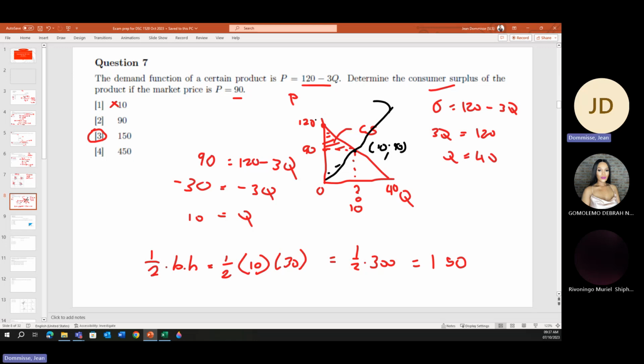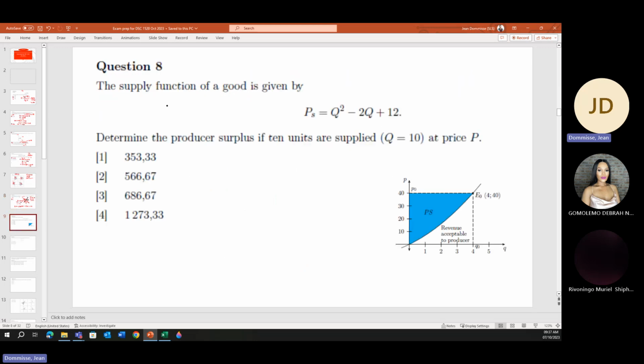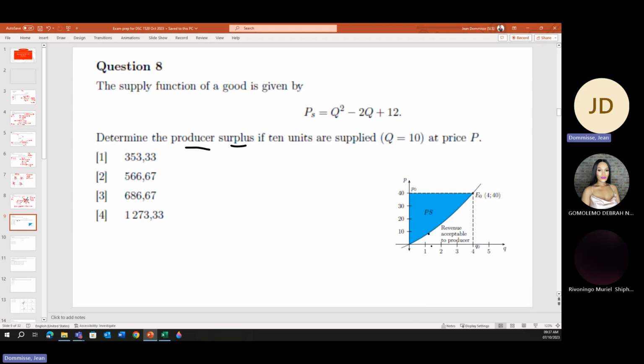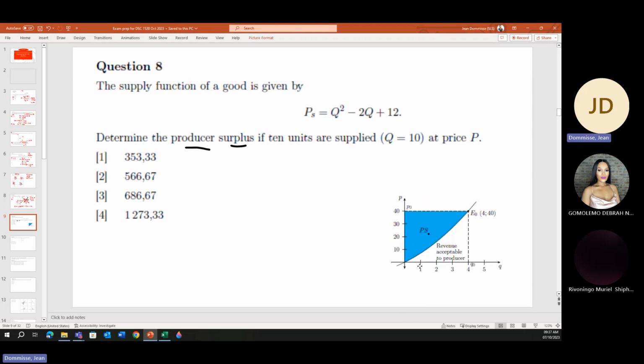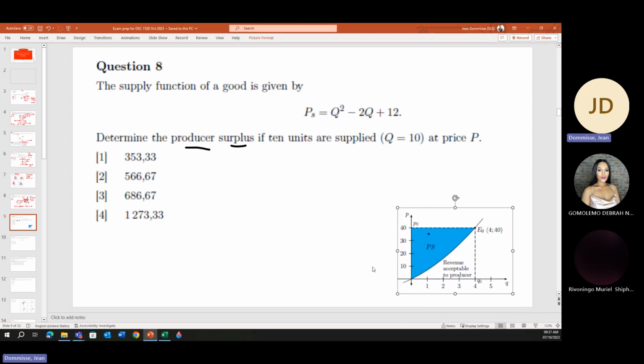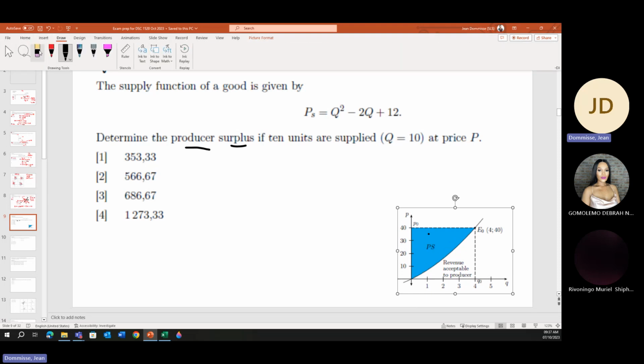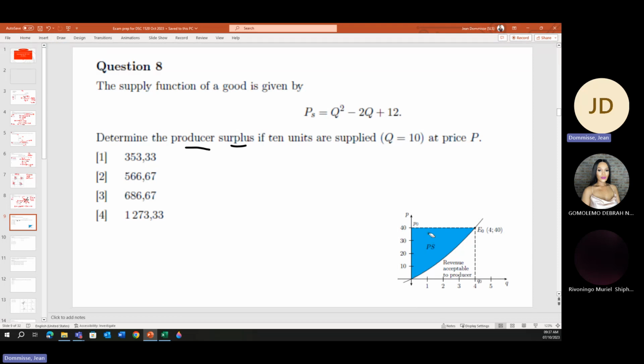What was interesting is that in the next question, they actually ask us for producer surplus. What I've done, and this is not for answer, is I just copied one of the examples out of the study guide so you can see what you need to do.